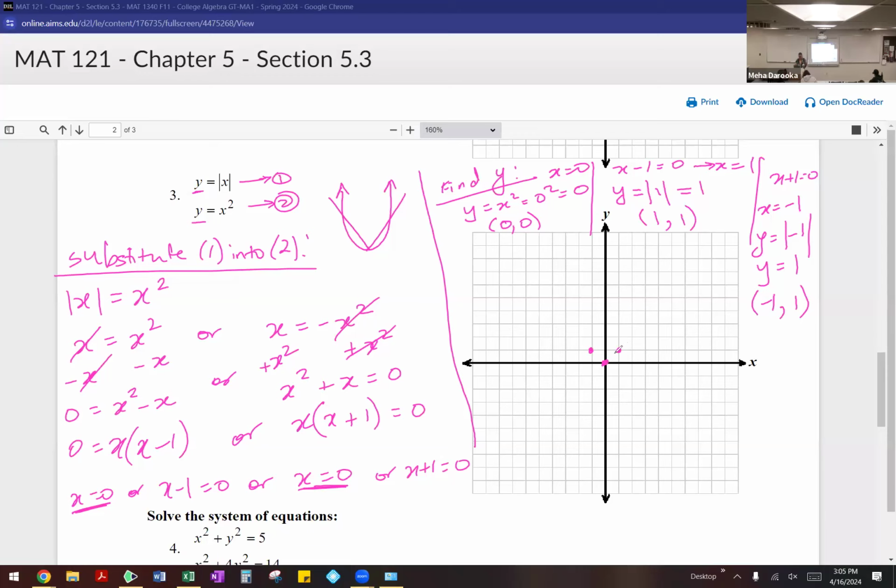Your absolute value function would graph like this. And then your parabola.